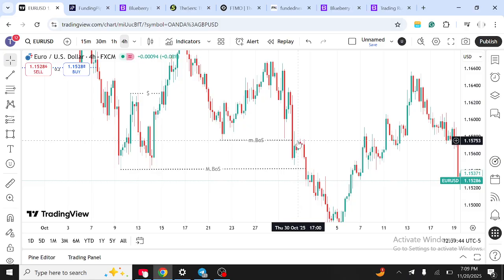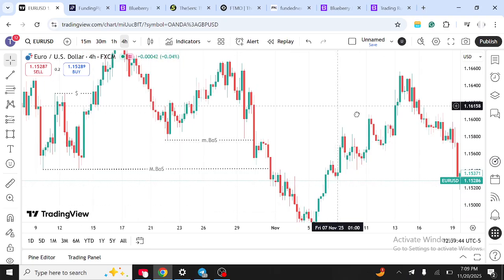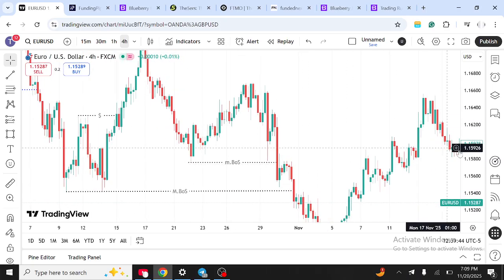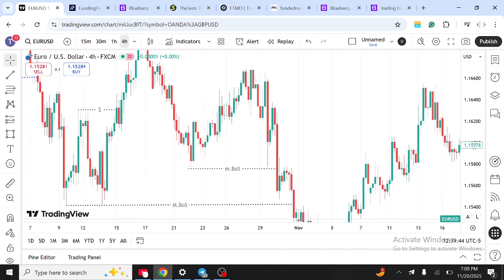Now, does this high have another block? No. So I'm on 4 hours. When I want to trade this, I trade this on 4 hours. If I want to trade it on 15-minute time frame or 30 minutes, I stay on that 30 minutes. I don't switch.